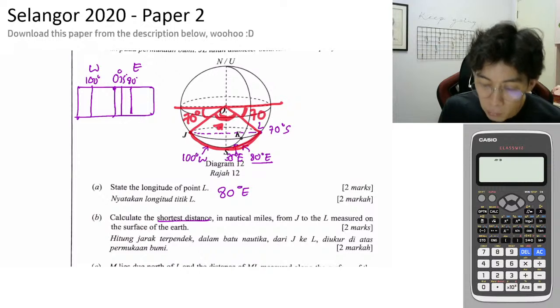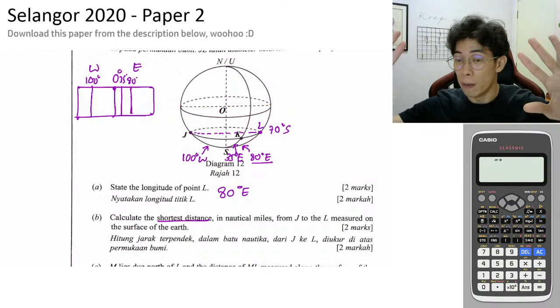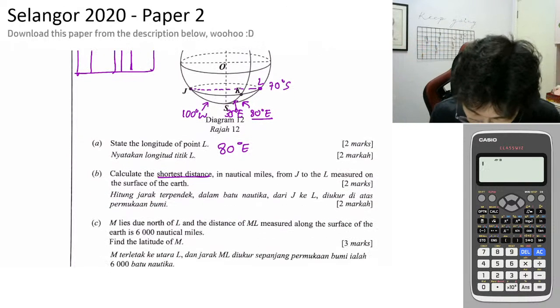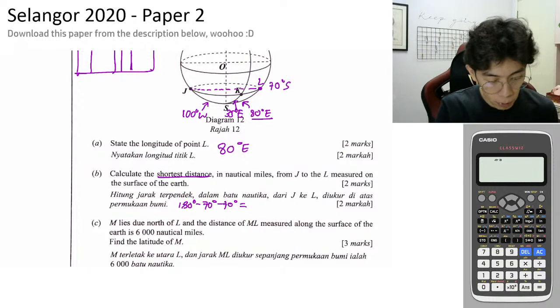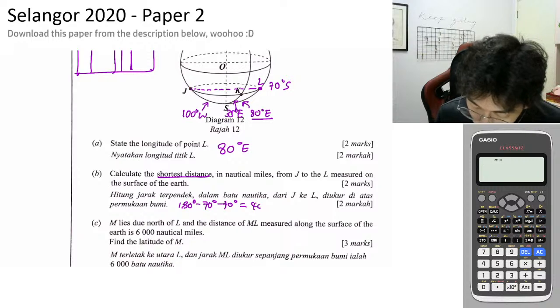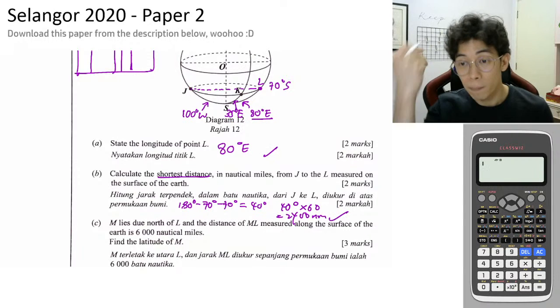So the middle part is 180 minus 2 sides of 70. You are left with 40. Then great circle, you times 60, so the answer is 2400 nautical miles. Done. 2 marks. Taking 4 marks already.